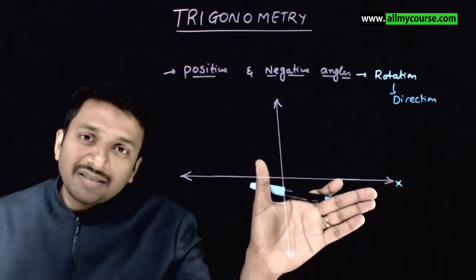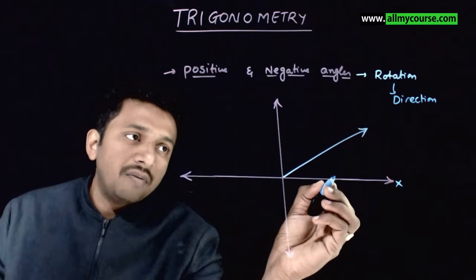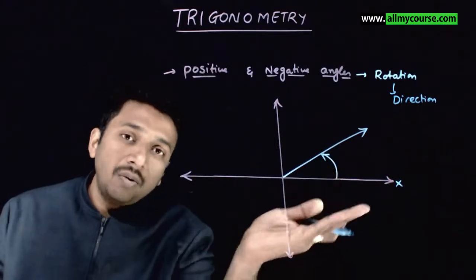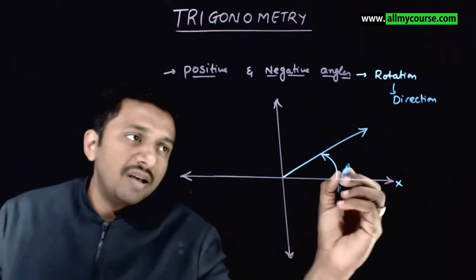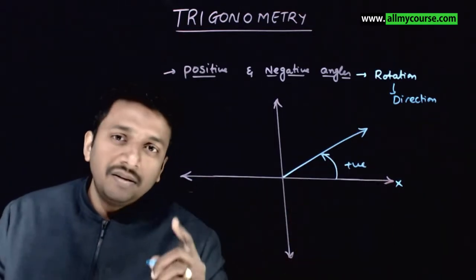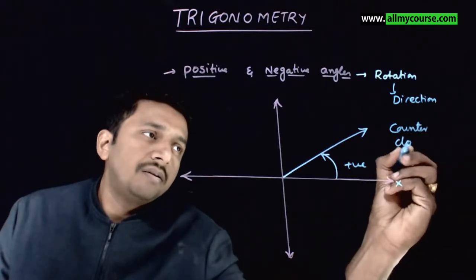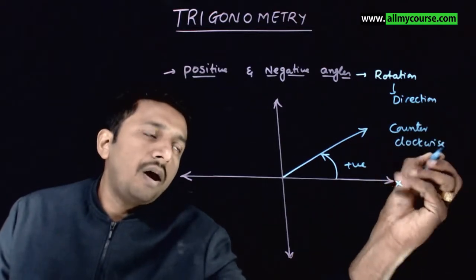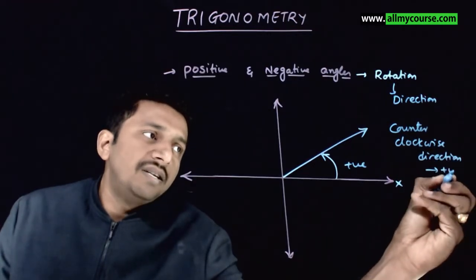From this initial ray, if the ray rotates in counterclockwise direction, we assume that the angle rotated is positive. So remember this, counterclockwise direction is always considered positive.